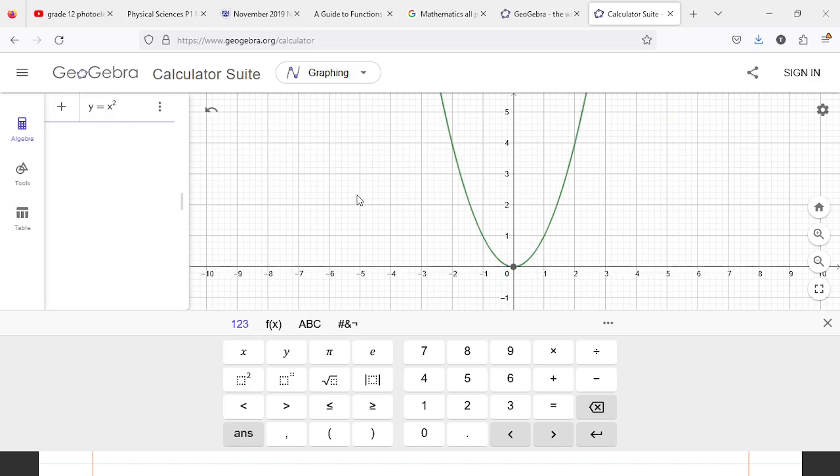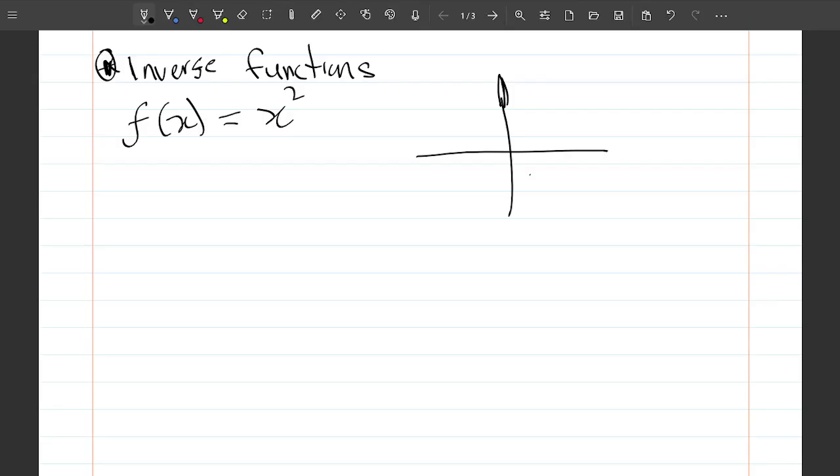Nothing fancy there. However, all I really care about is the inverse. So I'm going to draw a rough sketch so we can understand the comparison between the two. Here is my parabola. That's my function f.